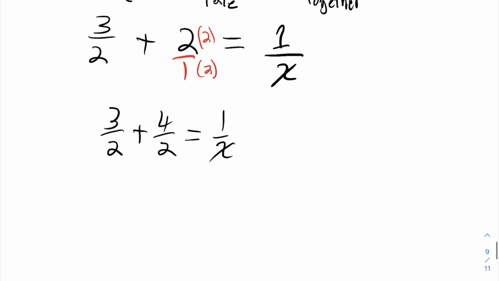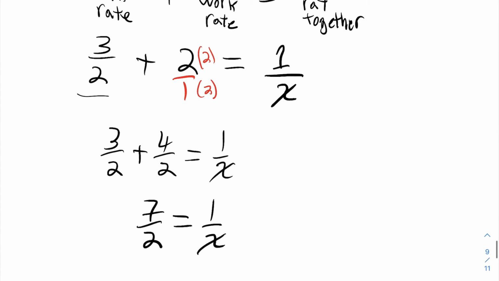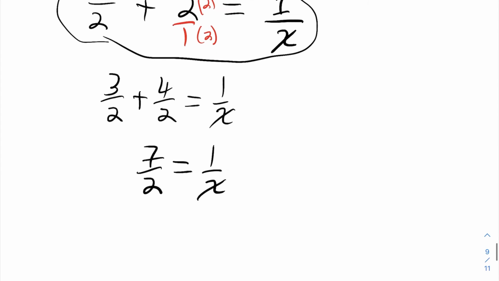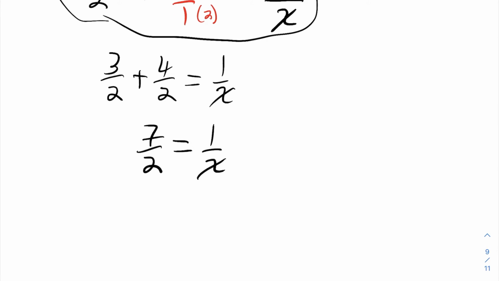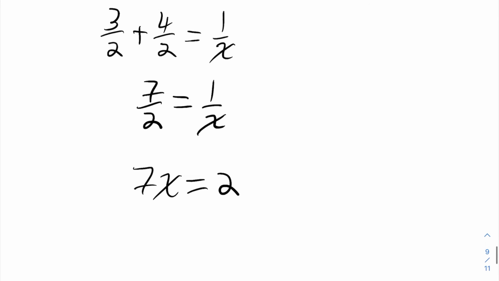Or that would say that 7/2 equals 1/x, which is actually a proportion. The original problem was not a proportion, but when I added the 2 fractions on the left side, I got a single fraction on each side, and I can just cross multiply. So one cross product is just 7x, while the other cross product is just 2.